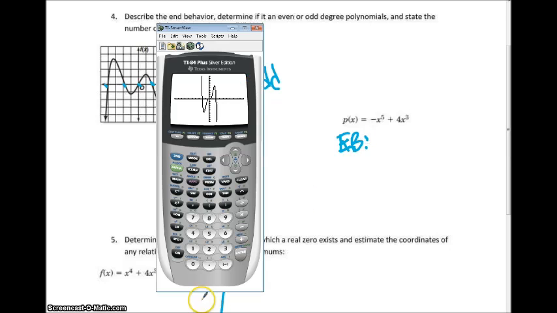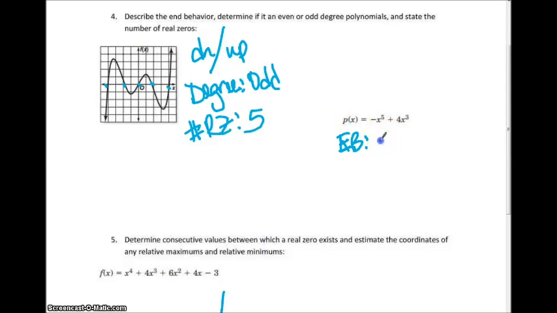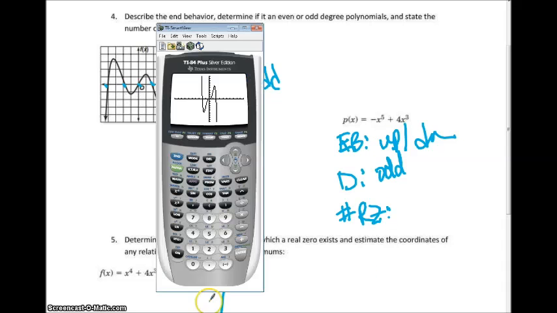And your end behavior is going up at the left and it's going down at the right, so you're going to say up/down. The degree is going to be odd because one side's going up, the other's going down. And the number of real zeros, if you look at the graph on your calculator, there's 1, 2, 3.